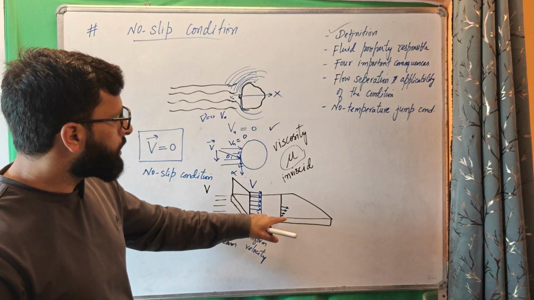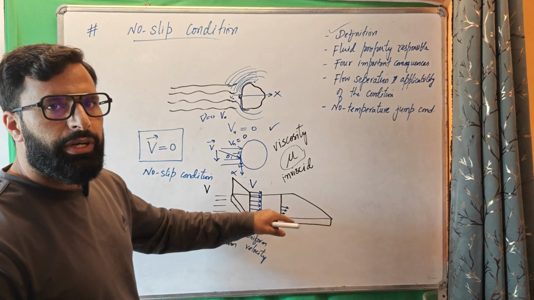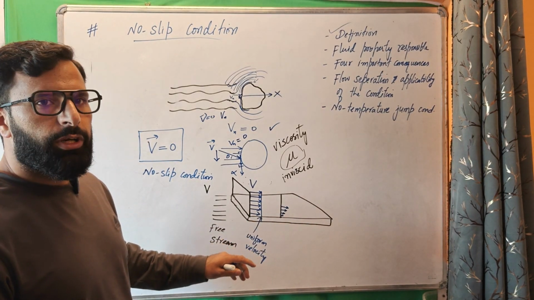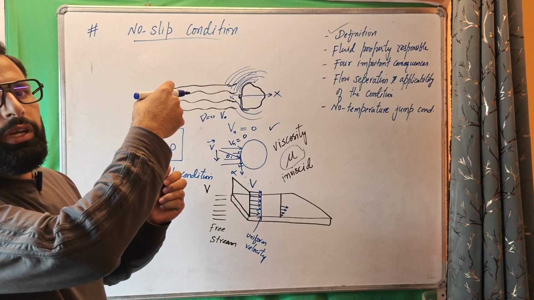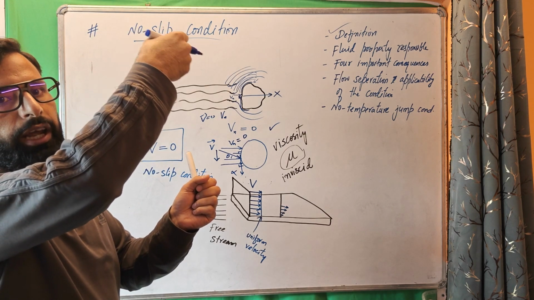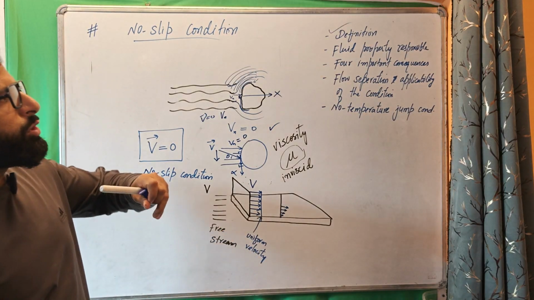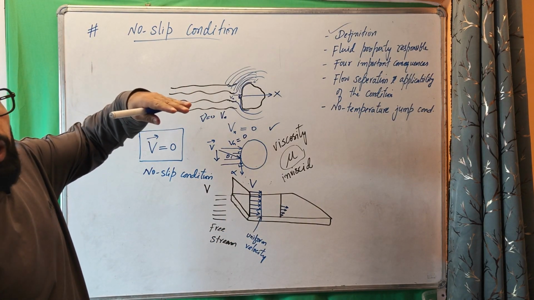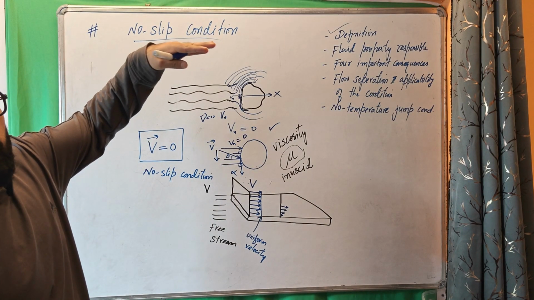So when this bottommost layer comes in contact with the solid surface, it completely stops. When it completely stops, it attracts the layer above it because of the cohesion and decreases its speed. That layer will attract the layer above it and decrease its speed. But as we move away from the solid surface, the layers above will have larger velocity.